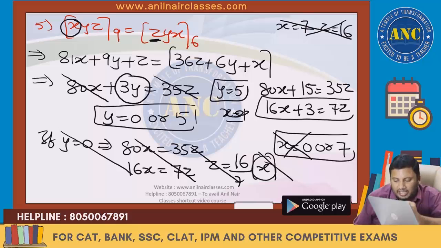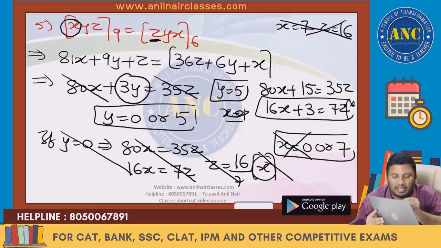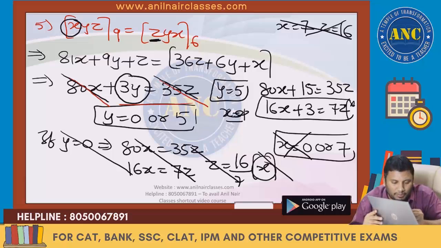Again I am writing the equation. Finally I will solve this one. A little bit of understanding is required. 81x plus 9y plus z equals 36z plus 6y plus x. 81x minus x, 9y minus 6y, 36z minus z, divided by 5. These are divisible by 5, so y is 0 or 5.